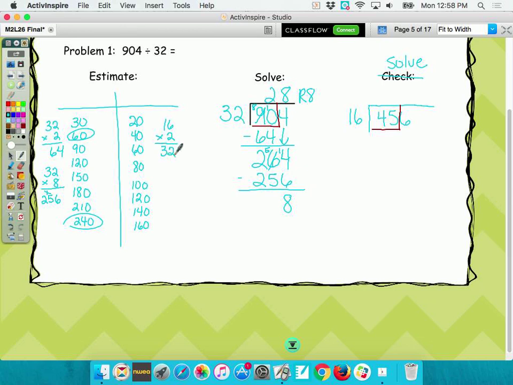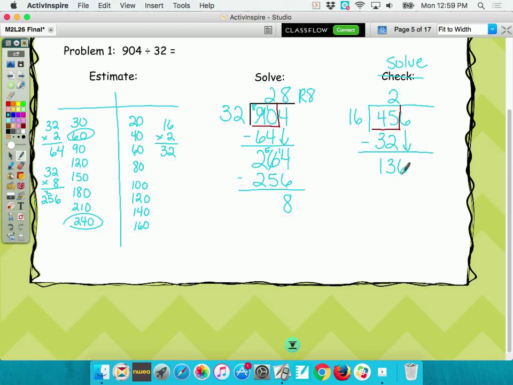So you've got a 2. And be very careful. Make sure you put the 2 above the 5. When you subtract, what do you get? 13. Can I make another group of 16? No. Bring down the 6.